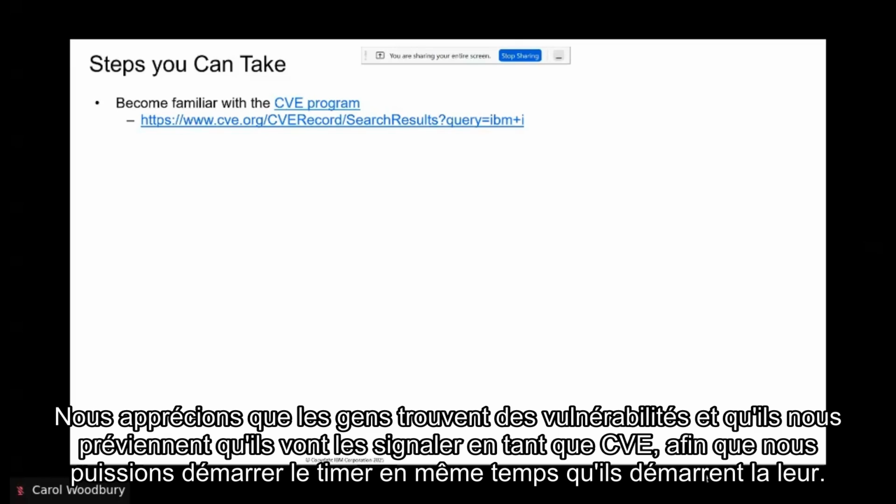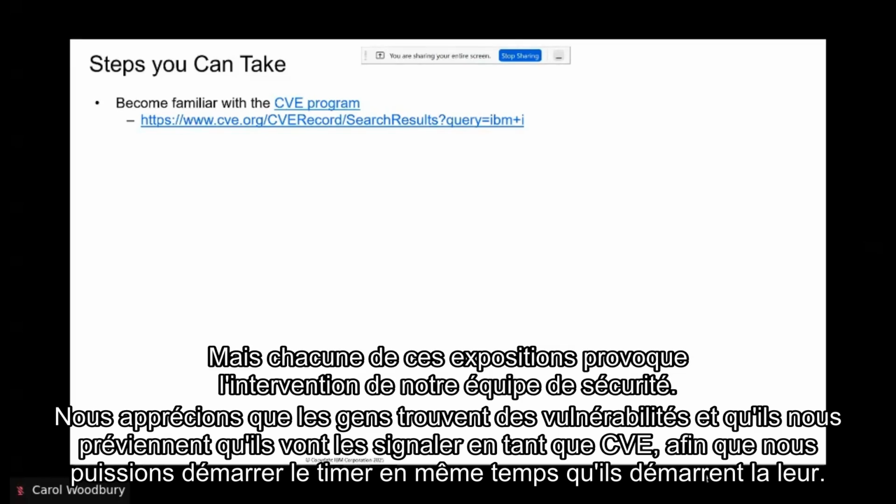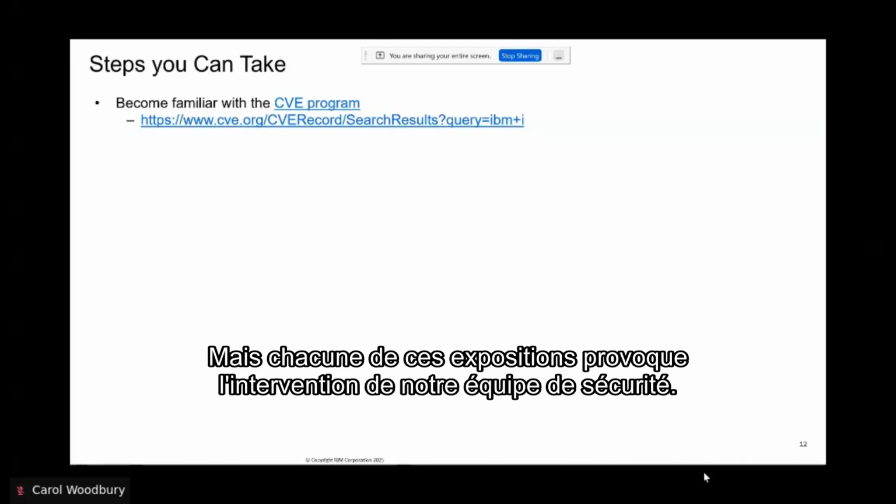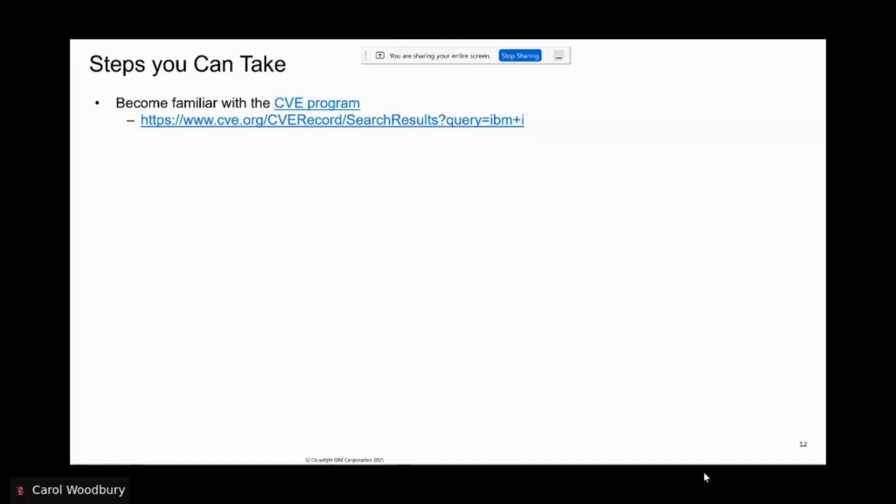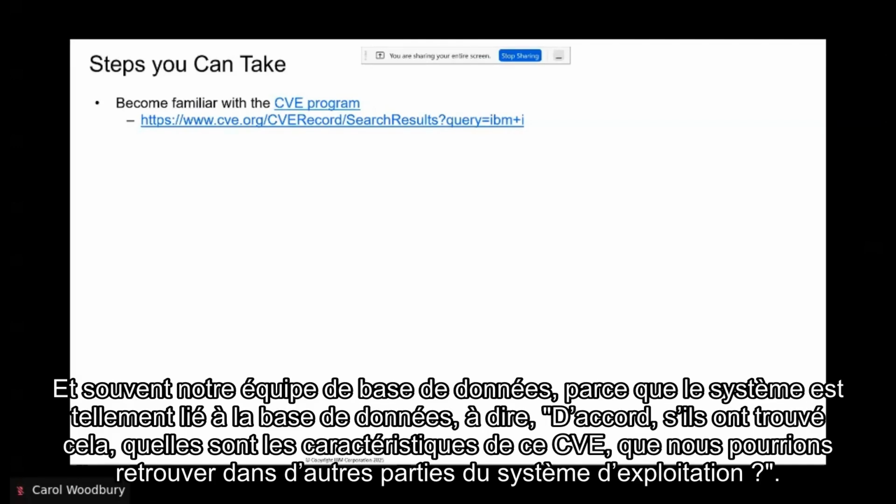But every single one of those exposures causes our security team, and often our database team, because the system is so tied to the database, to ask: if they found this, what are the characteristics of this CVE that we might be able to project exist in other parts of the operating system?